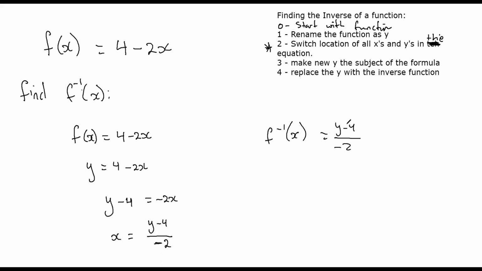The answer has to have x in it. This is why it's important that we switch them, because this y is what we're actually calling x. So that's why we switched it around.